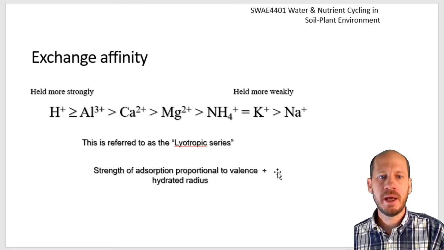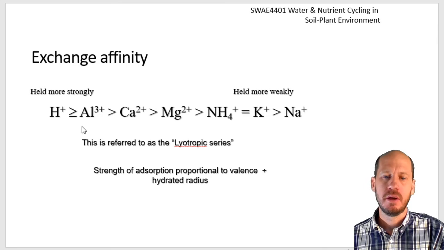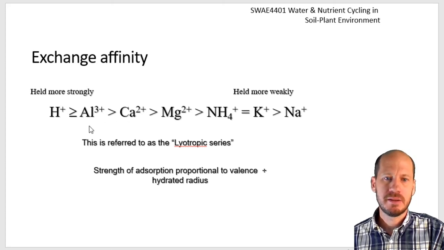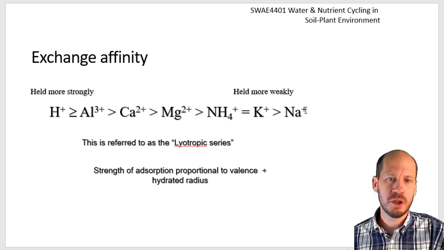Now, why will one ion have more affinity than another one? The reason is what we call the charge density. If you imagine, a hydrogen has only one valence, one plus, but it's very small. In the same space where you have one sodium, you can fit many hydrogen.